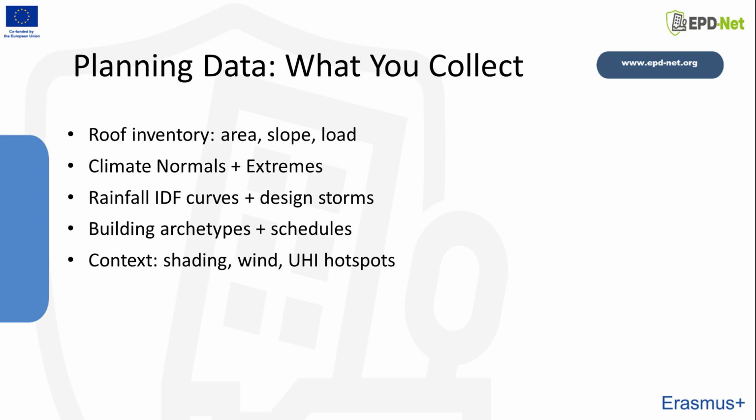Planning quality data is often coarse and uncertain, so you must be explicit about what you know and what you assume. Roof inventory data include area, slope, and structural load constraints. Climate inputs include typical weather as well as extremes that drive risk, such as heat waves and intense rainfall. For stormwater, planners often rely on local rainfall intensity duration frequency curves and design storms.